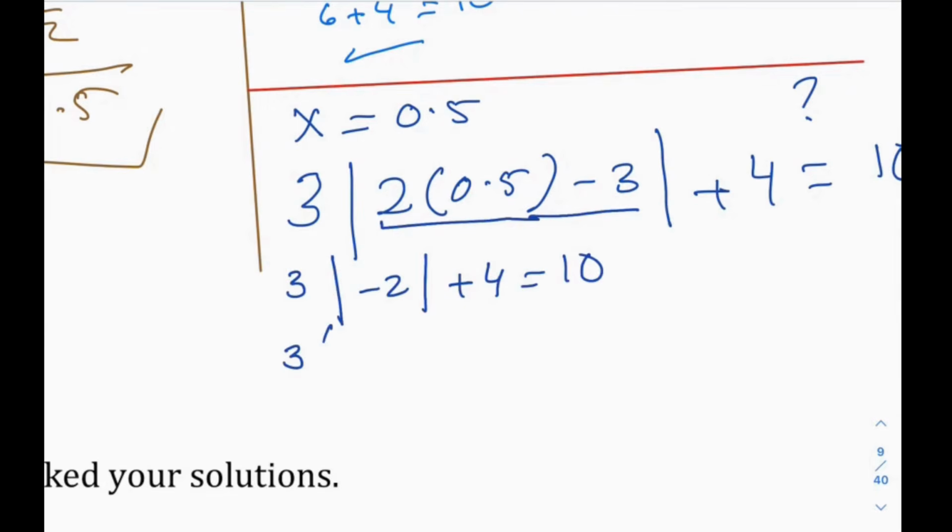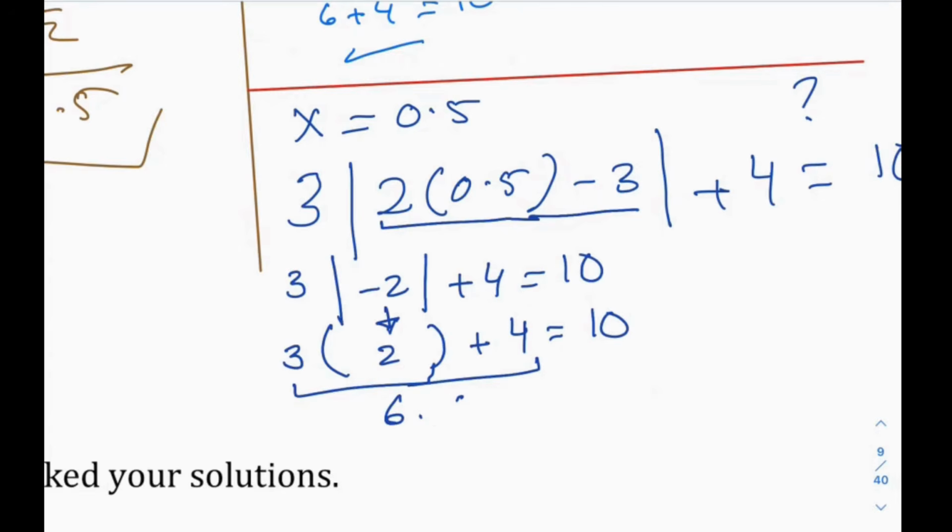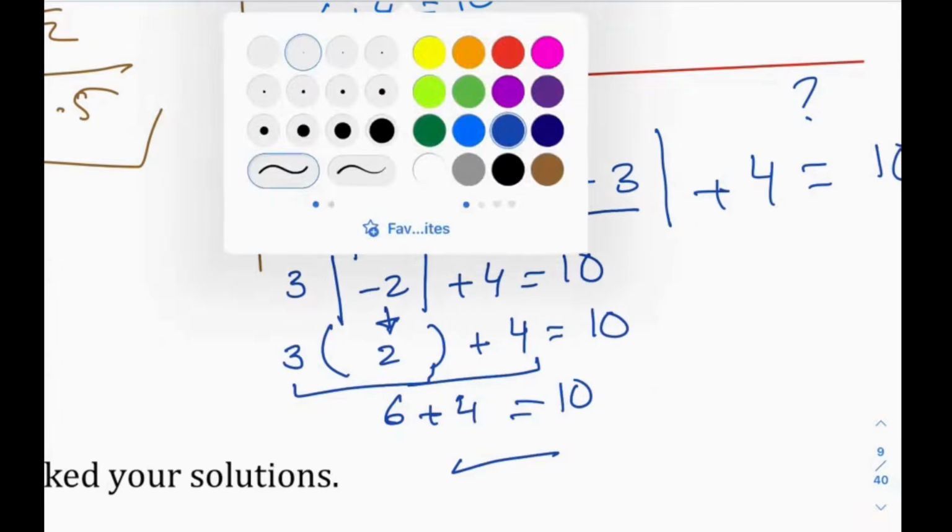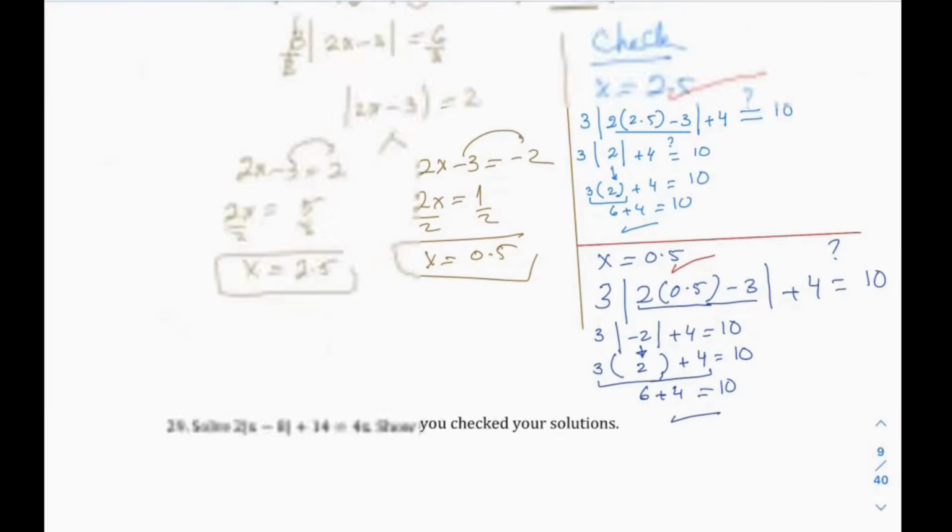Now 3 times absolute value of -2 is 2. 3 times 2 is 6 plus 4. It's 10. Of course, it's yes. So also this was a correct solution. So we solved and checked this time.